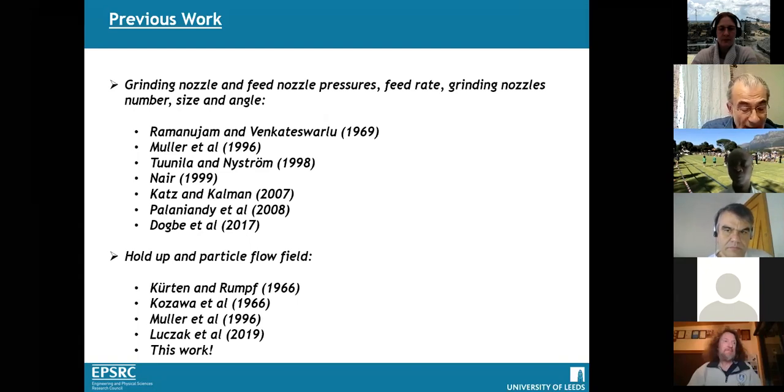But it turns out that actually later on, when Lusak recently did some work, he used particle image velocimetry, and then he found that the particle flow pattern is in agreement with Rumpf's original speculation, but in disagreement with his findings.